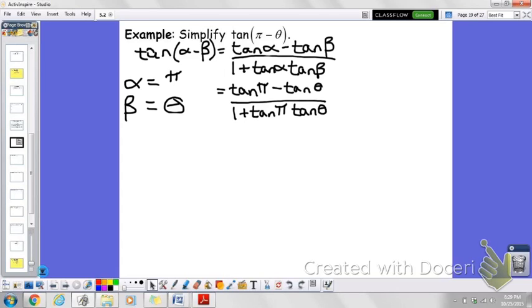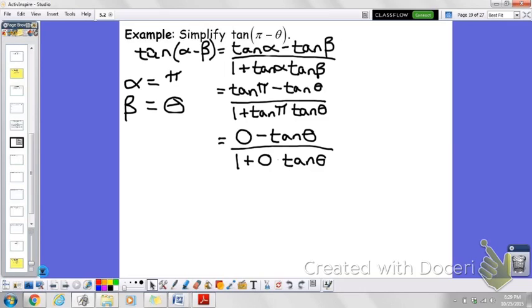Now that we have our values substituted into alpha and beta, we can start simplifying. Looking at the tangent of pi, we know from looking at our unit circle that it is 0. And we don't know what the tangent of theta is, so we just leave it as minus tangent of theta over 1 plus tangent of pi, which again is 0, so we have 0 times the tangent of theta.